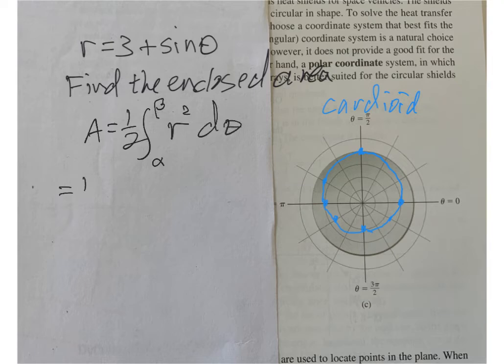So for us, that looks like 1/2 the integral. To trace out this cardioid, we have to go completely around the circle. So 0 to 2 pi. You could use symmetry, but there's no real advantage to be gained. Sometimes you have to be tricky. Sometimes when you go 0 to 2 pi, it may trace the curve out twice, in which case the integral would be twice the value.